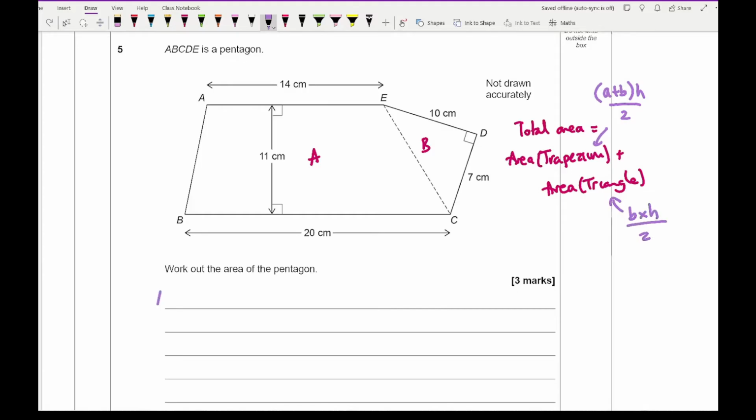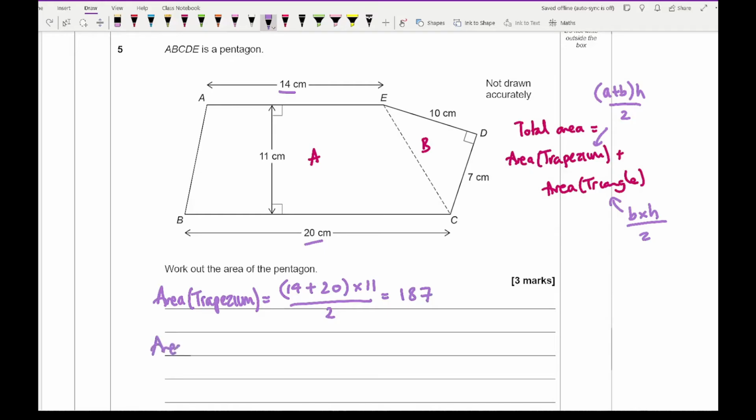So working out each of those, the area of the trapezium is going to be our two parallel sides, which are 14 and 20. So we've got 14 plus 20 multiplied by the height, which is 11, and we're going to divide all of that by 2, in which I should have an answer of 187.